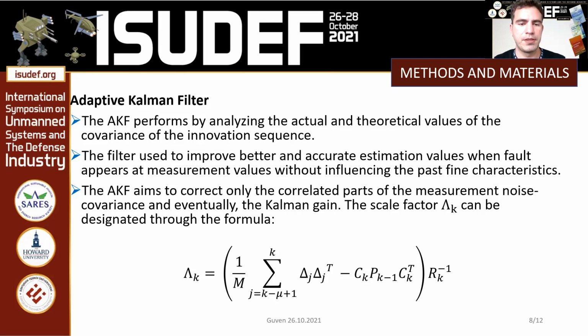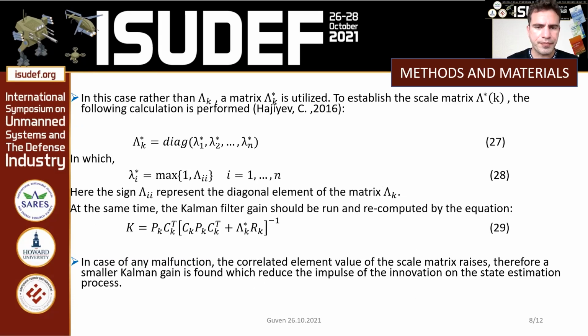The scale factor can be designated through the formula below. And in this way, our Kalman gain, capital lambda k star, takes the diagonal of the lambdas.